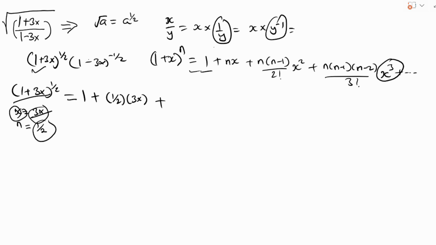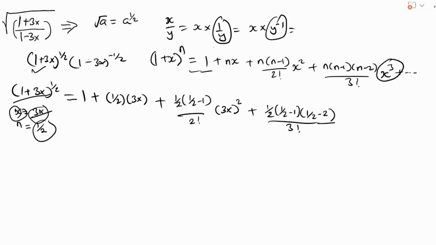All right, and then added to this is n, a half again, into a half minus 1 divided by factorial 2, and then x squared, which is (3x) squared, add to a half into a half minus 1, a half minus 2, remember n is a half, divided by factorial 3, and then (3x) raised to power 3, and so on.